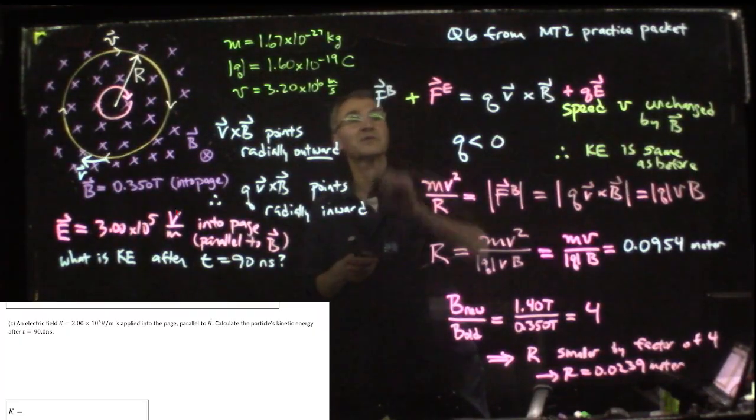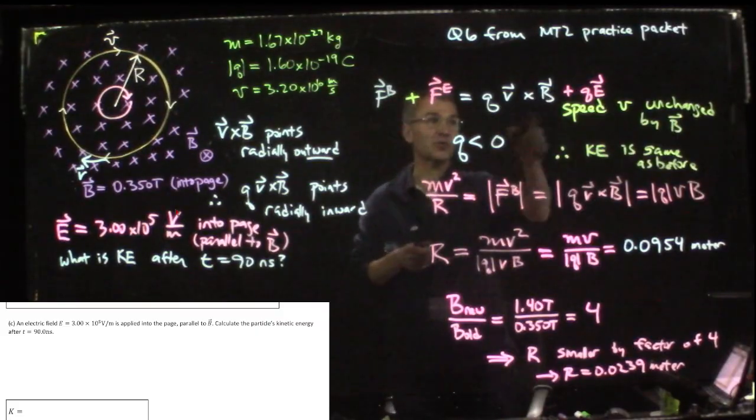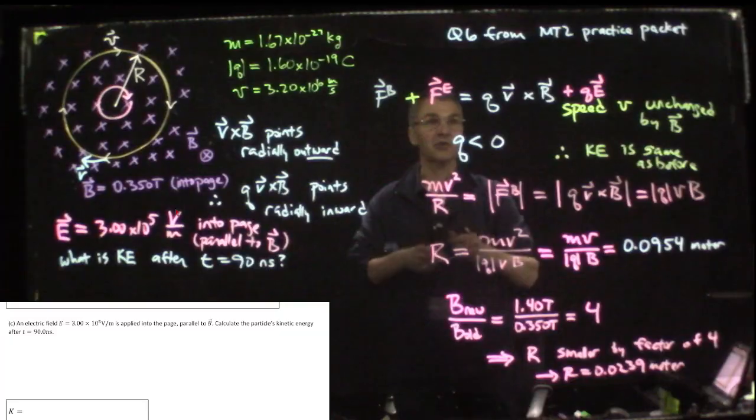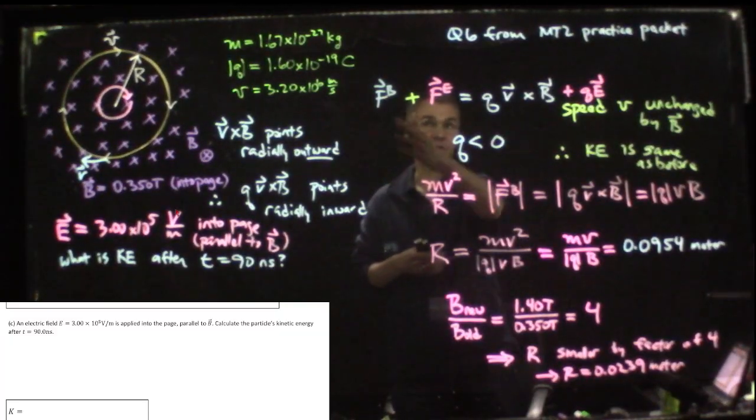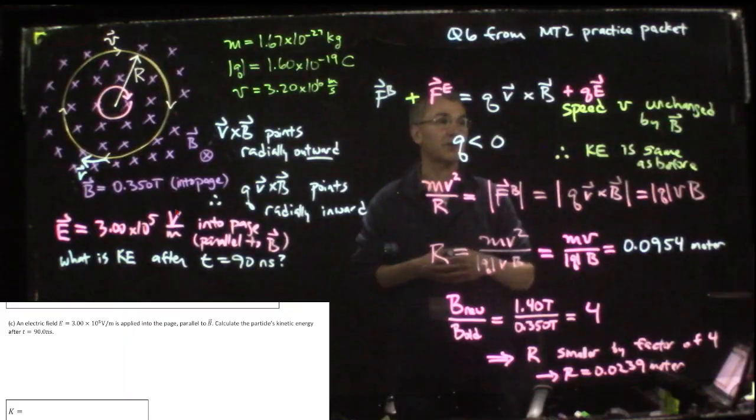Usually we write the electric force first, but the sum of these two forces is QE plus QV cross B. That's the entire Lorentz force law. So the force, electric plus magnetic together, is QE plus QV cross B.